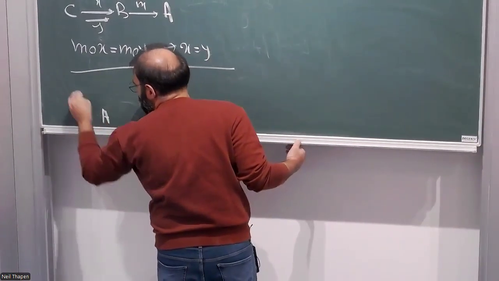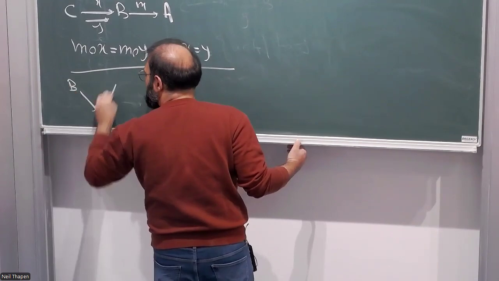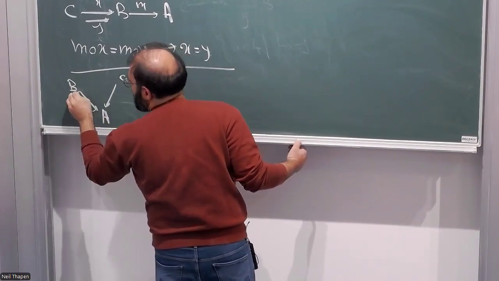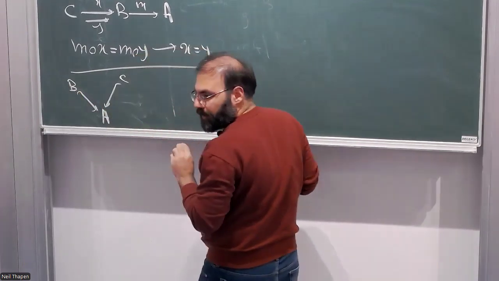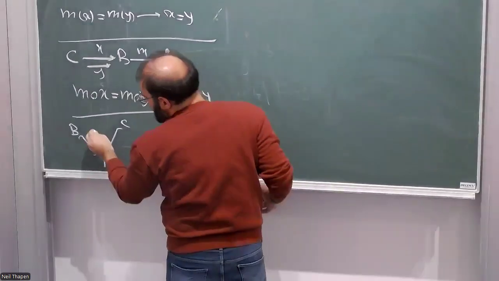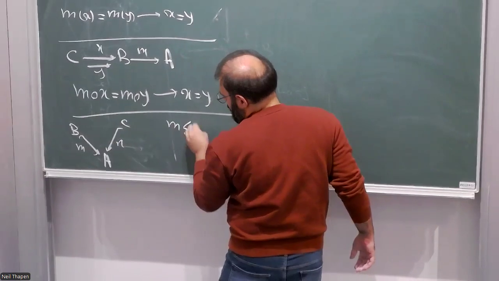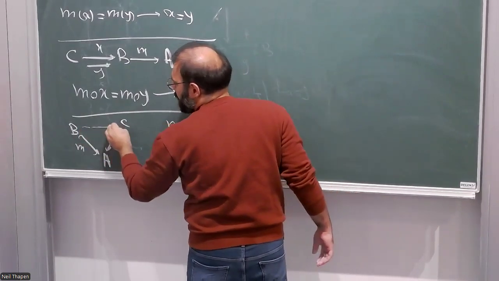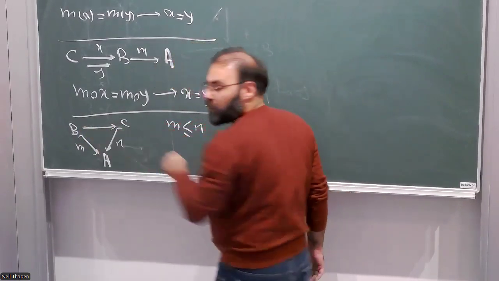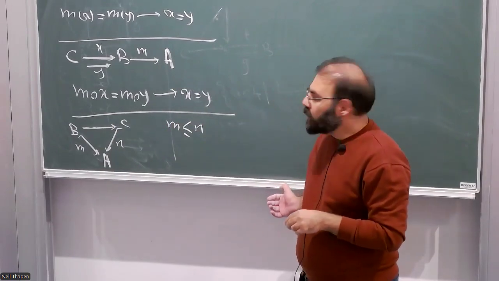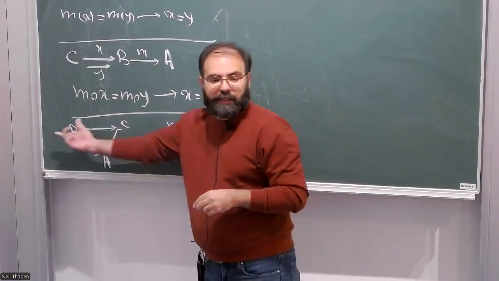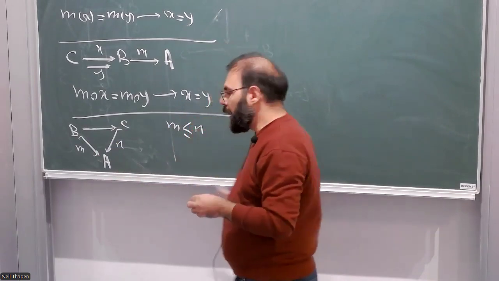So if you have two subobjects, B and C, and usually people write this like that it is monic. What is the order? The order is that I call M less than N when there exists a map here such that you have the commutation, right? So you can think that this is a bigger subset of that one.